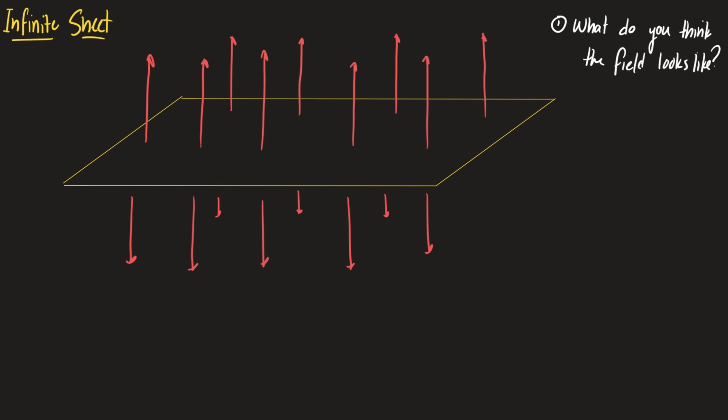You're trying to imagine the field lines because we need to have an idea about what the field must be like before we use Gauss's law. Because we're going to be choosing a Gaussian surface, and we want our Gaussian surface to do its best to exploit the symmetry of the system. If there's no exploitable symmetry, Gauss's law is the wrong choice.